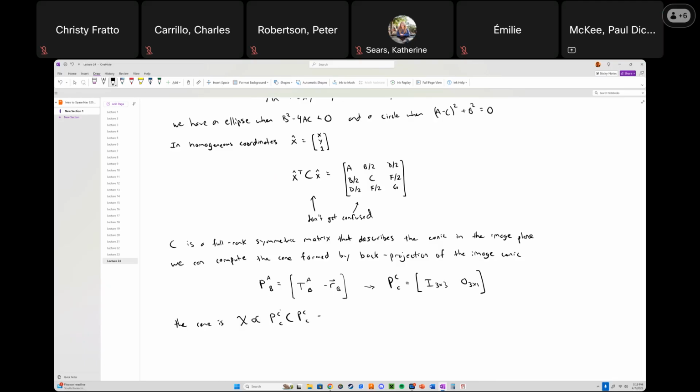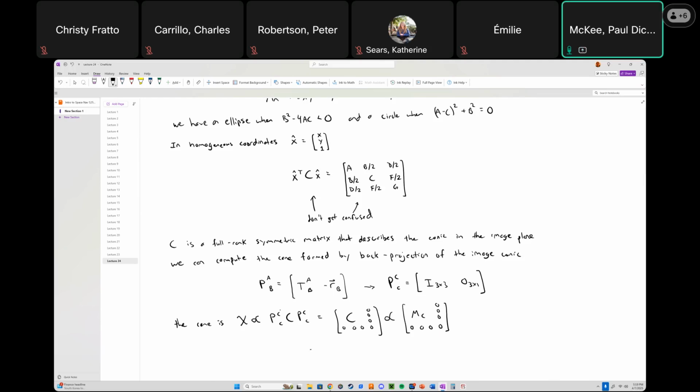Or we could just put it this way. The C matrix and then zeros is proportional to this MC matrix from last class, and then zeros.